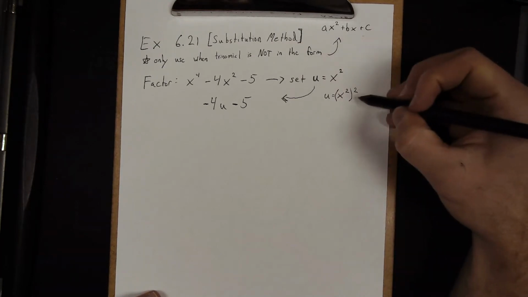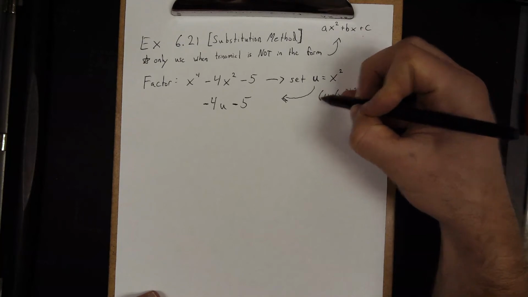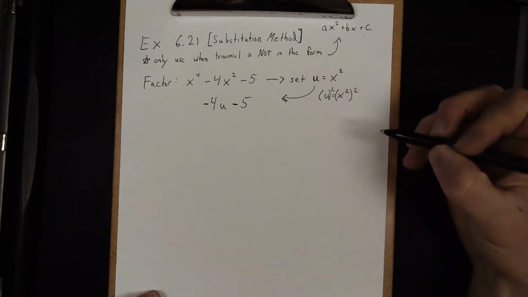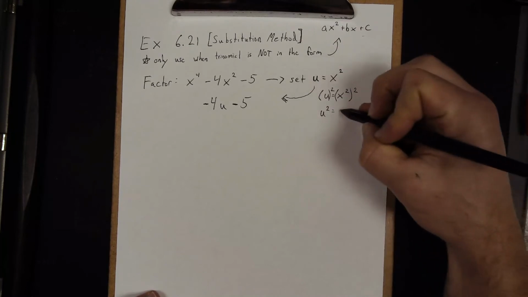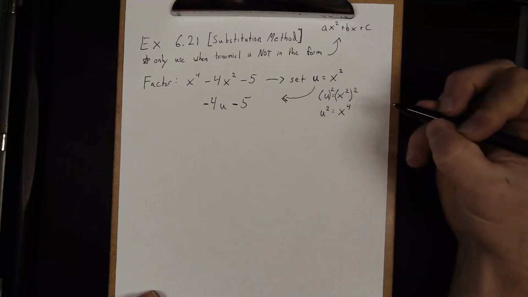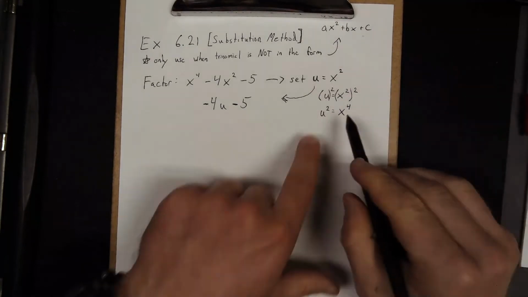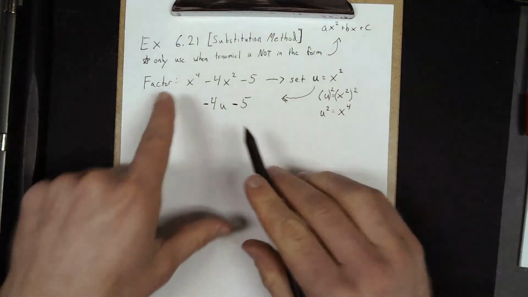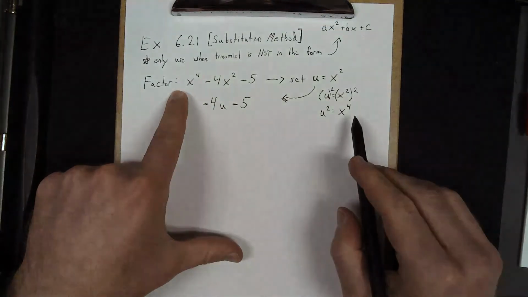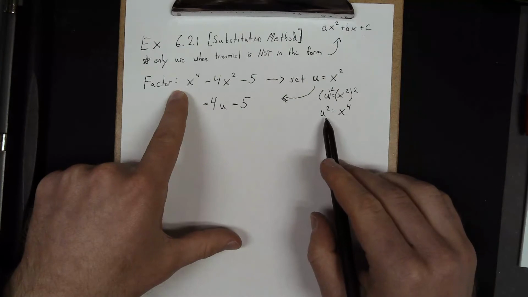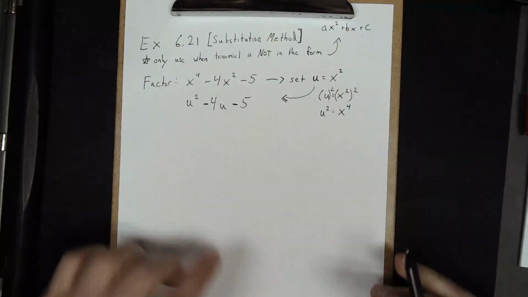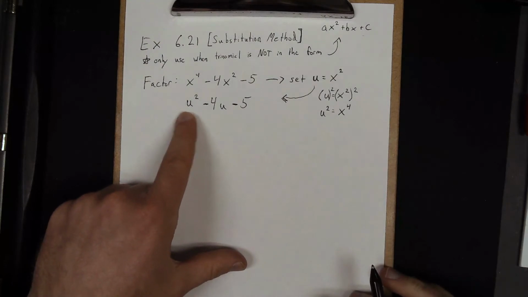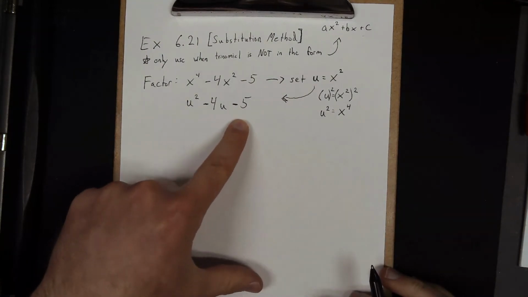Well, when you square one side of an equation, you need to square the other. So here you're left with u squared is equal to x to the fourth. And now we have something we can work with. So we have x to the fourth, and we know x to the fourth is equal to u squared. So go ahead, plug that u squared in. So now we have u squared minus 4u minus 5.